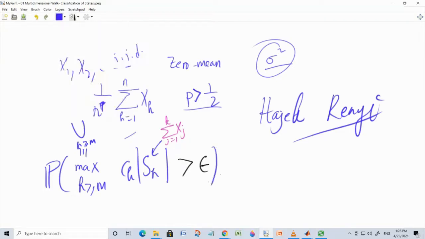And the upper bound was basically epsilon to the minus 2, where epsilon is a positive number, and then we have two terms. One term is a summation that goes from 1 to m, a summation of variances, and we multiply here by c_m squared. Here we are doing a maximum over the indices from m and beyond.